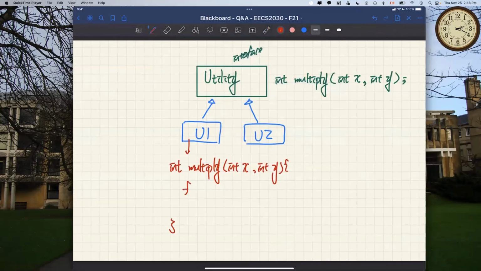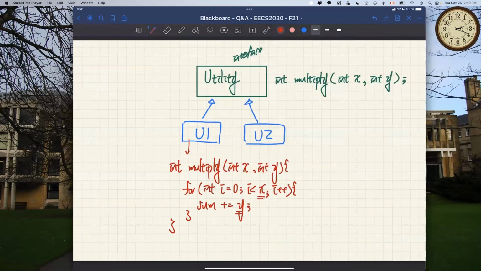Let's say we use a loop: for integer i is less than x, i plus plus, and then we have sum plus equal y. You're adding up y for x many times, right?